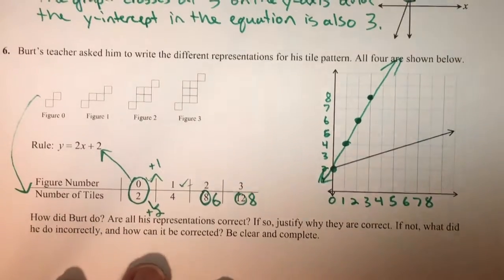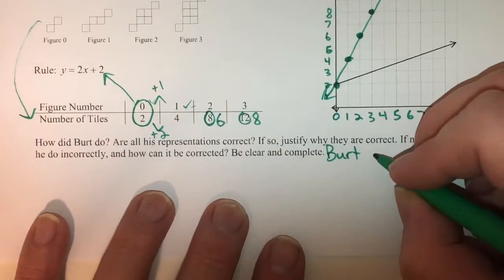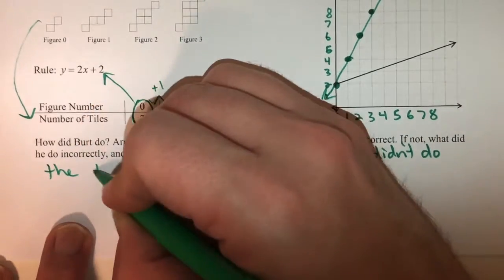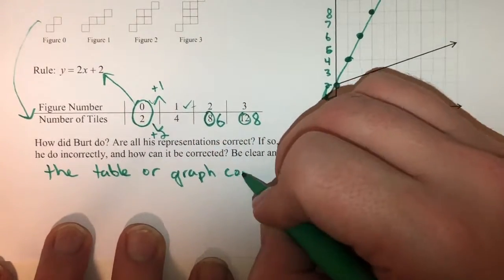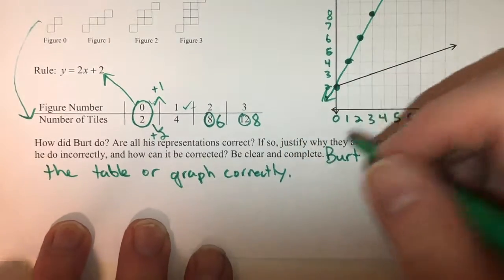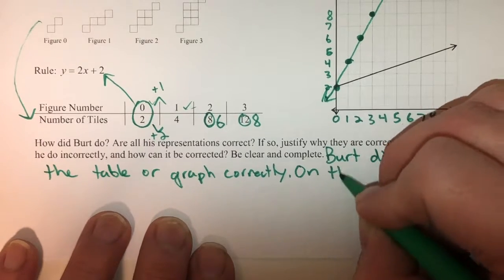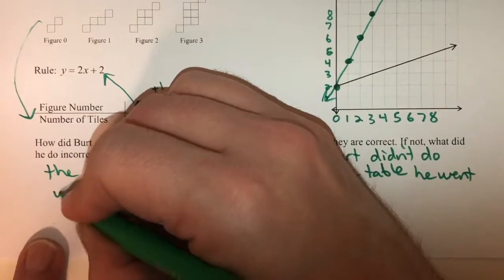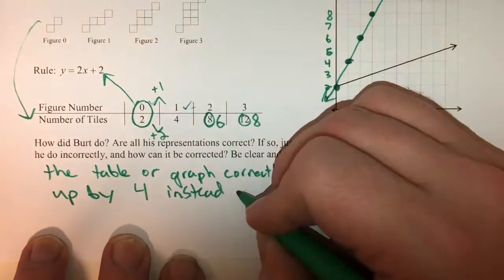All right, it says, how did Bert do? What I want to say is, what are the things that he messed up on? So Bert didn't do the table or graph correctly. On the table, he went up by 4 instead of 2.